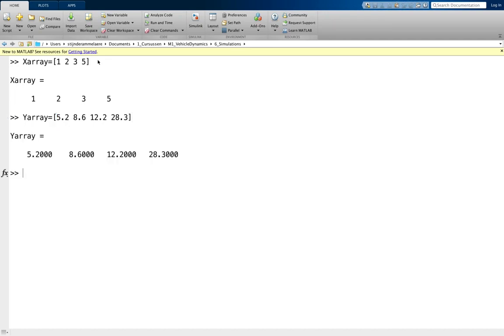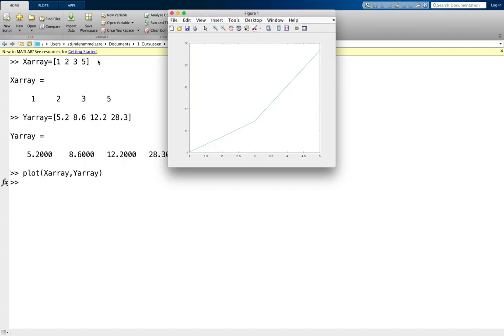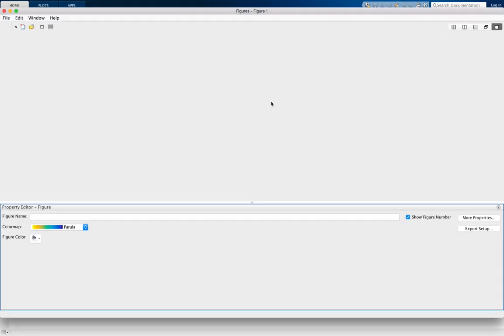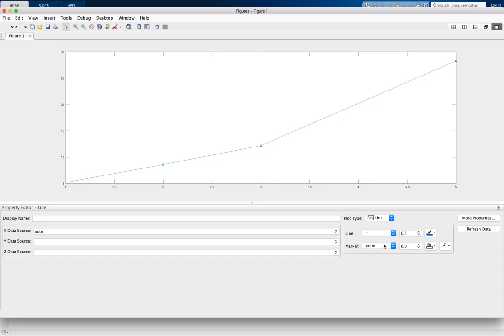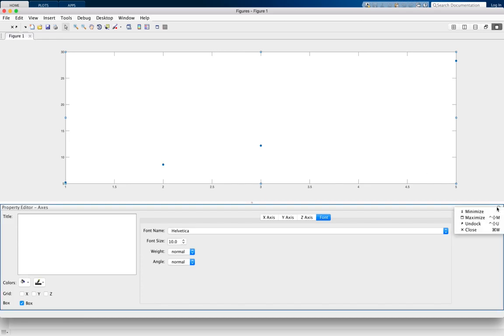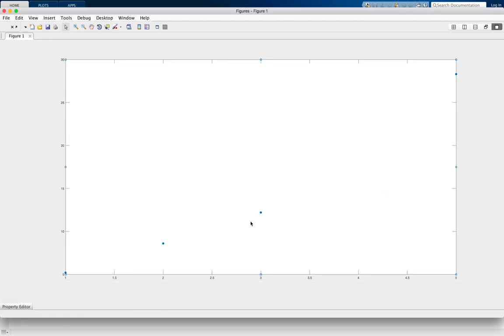Then the only thing we have to do is plot these values against each other. Now we get this plot. We get some lines, but of course the dots do not have to be connected. So we edit the plot and we choose for no line. We do not want a line in between the several data points. We want some kind of marker, let's say a large dot, so that we clearly see the data points like this. Okay, these are the data points.